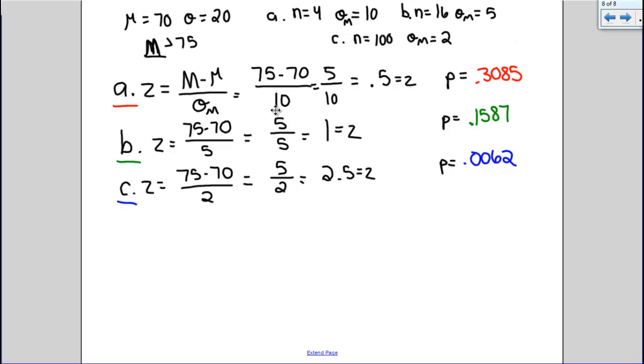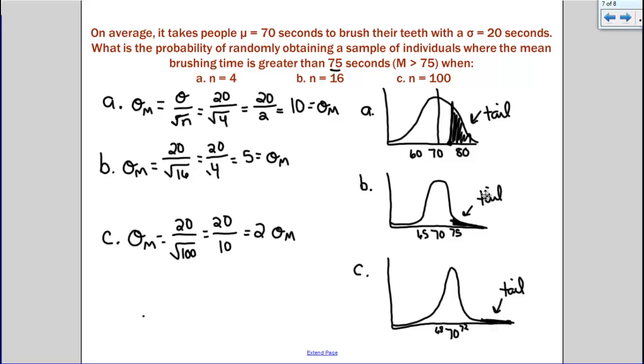So as your sample size increases, it becomes less and less likely to get those extreme scores because you have a big sample size, so you should be representing the population mean with that sample mean. So this shows you, as the z-score increases, the probabilities in the tail decrease, and that also mimics the pictures that you see here, right? It's getting less and less likely to get that sample mean.